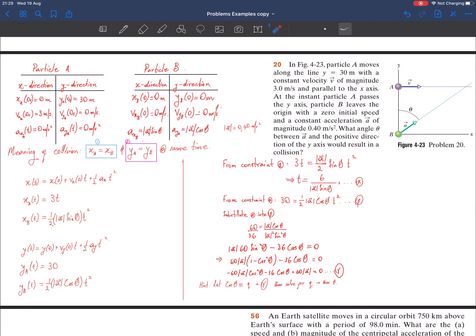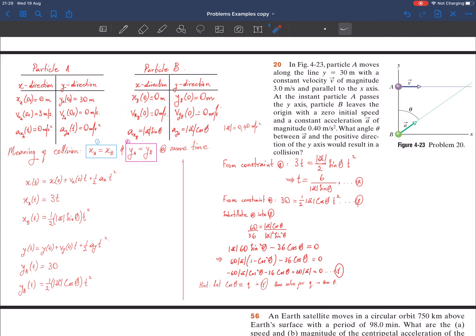If I perform the same analysis for particle B, this is what I have. Over here, particle B begins at the origin of our coordinate system, so its x and y coordinates are 0. And because it begins from rest, we conclude that the velocity components are both 0.